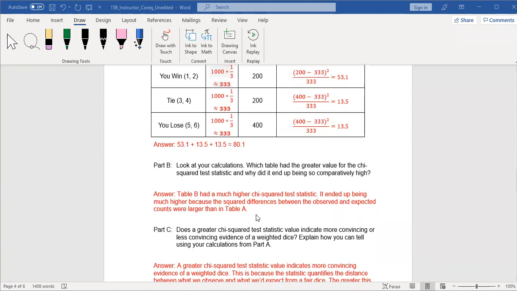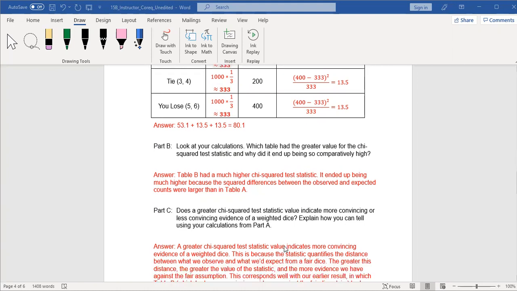Part C: does a greater chi-square test statistic indicate more convincing or less convincing evidence of a weighted dice? Explain how you can tell using your calculation from part A. A greater chi-square test statistic indicates more convincing evidence of a weighted dice.